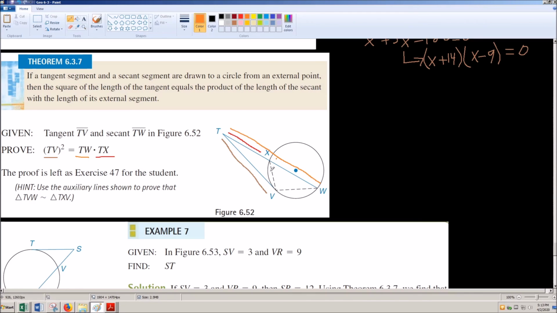So basically these auxiliary lines are going to be really helpful, and the two triangles I want to be looking at are TVW, the big one here, and then another really helpful triangle, TXV. Again, it uses this angle in green and this angle in purple. That's my first hint. And the second hint would be look at what arcs these intersect at.